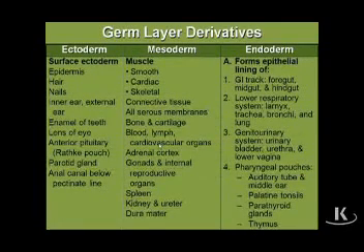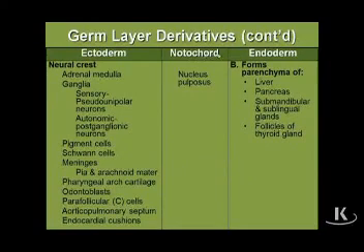We also said that the middle layer includes the notochord, and the notochord gives rise to only one structure in the adult, and that structure is the nucleus pulposus of the intervertebral disc, which we'll talk about later. So even though the notochord seems to have a very limited usefulness, it gives rise to only this one adult structure. In fact, the importance of the notochord is that it's sort of a director of what's happening in the embryo.